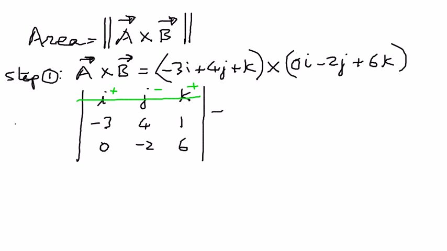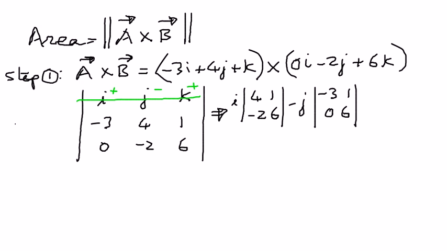And once we expand this, this is how it's going to expand. i, the minor of that is going to be 4, 1, -2, 6, minus j, the minor of that is going to be -3, 1, 0, and 6, and then plus k, the minor of that will be -3, 4, 0, and -2.